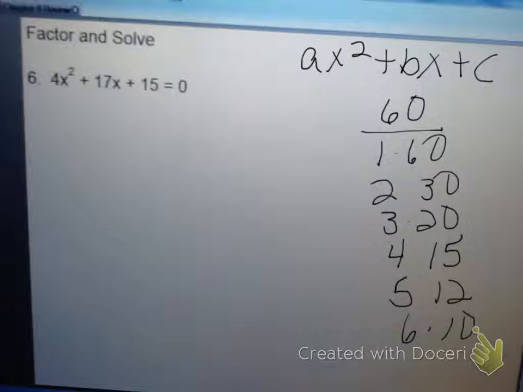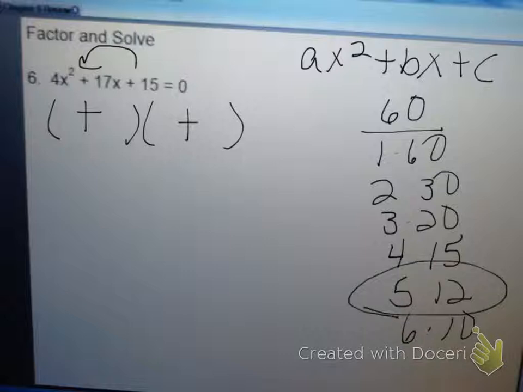Now look at your signs. The last sign is positive. So if I were to make my two binomials right now, I would have the same sign. So that means which factors of 60 add up to get 17? And that is 5 and 12.